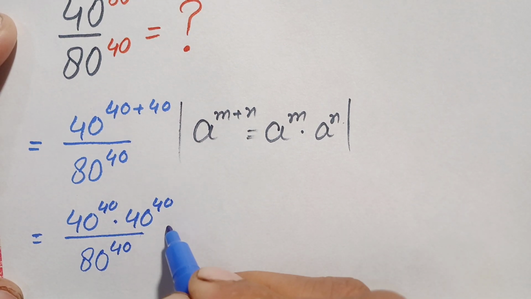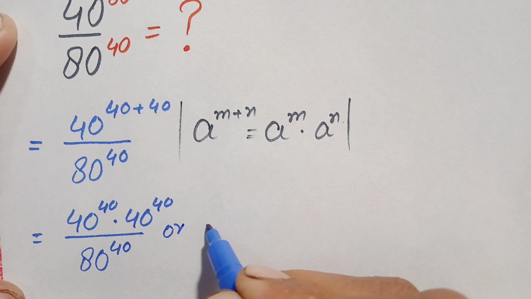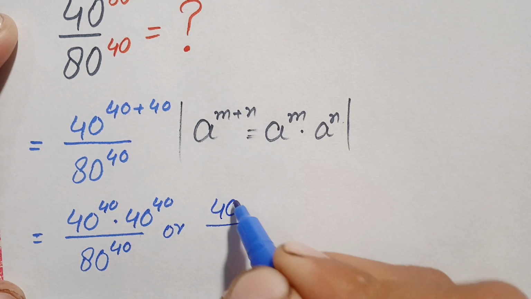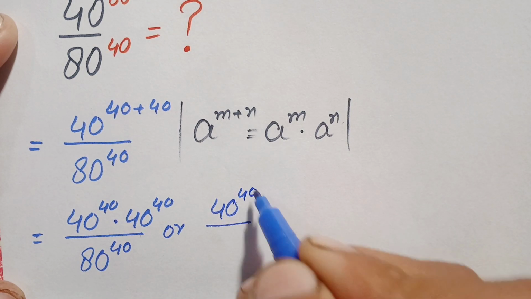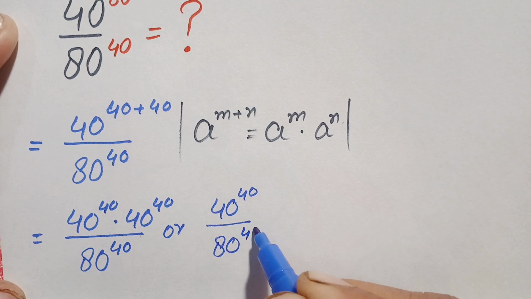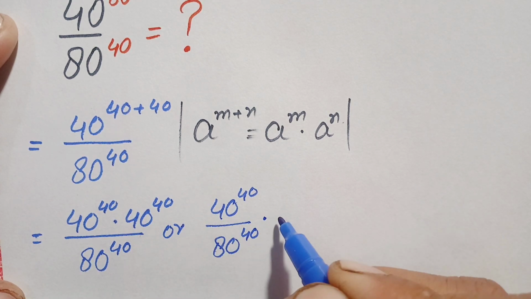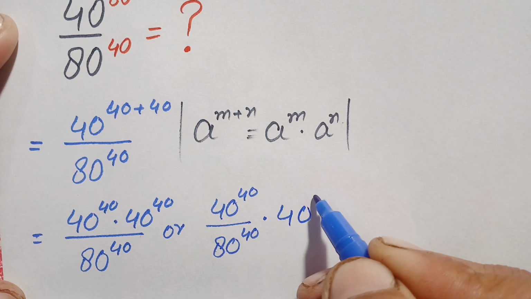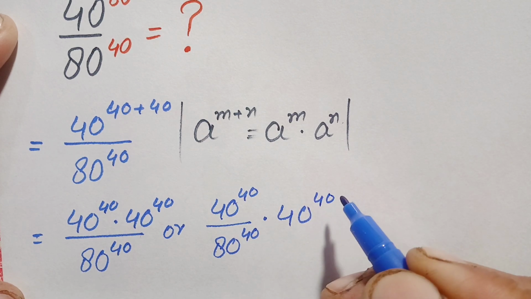Next we can also write this as 40 raised to power 40 divided by 80 raised to power 40 times this one number, 40 raised to power 40.